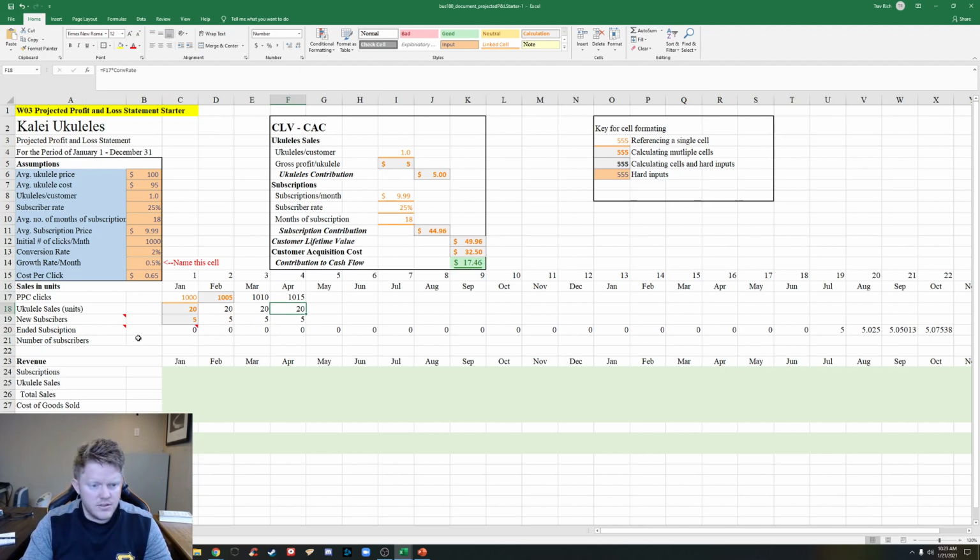End of subscriptions. I think they've already done this, number of subscribers. He already did the formula. The reason they did this function is because it's a little complicated.